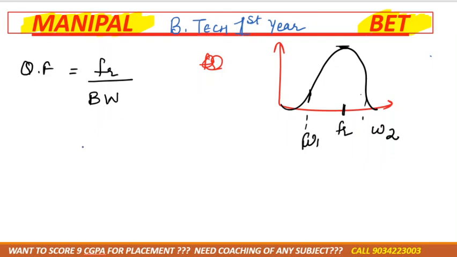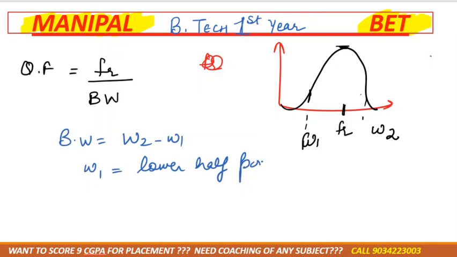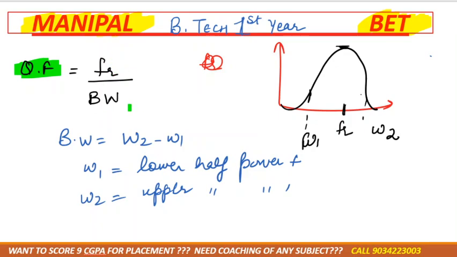Bandwidth is W2 minus W1, where W1 is the lower half power frequency and W2 is the upper half power frequency. So remember two formulas: Q is FR by BW, where BW is bandwidth, and bandwidth is W2 minus W1.